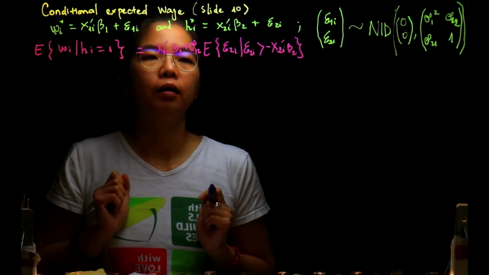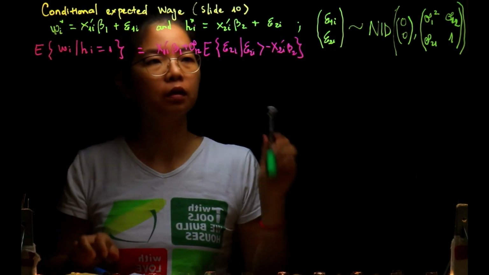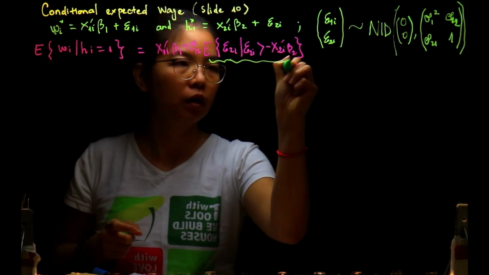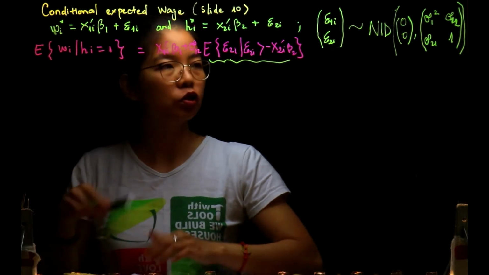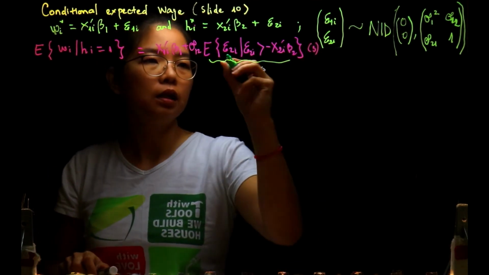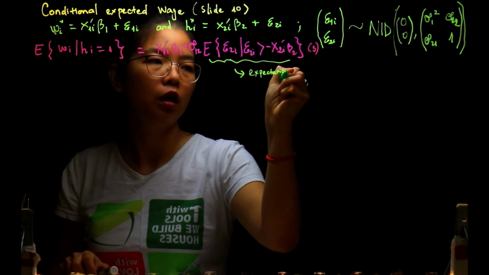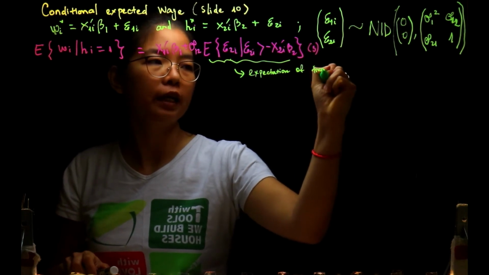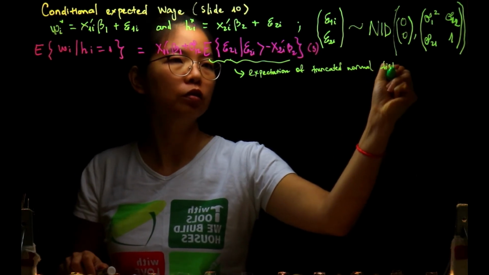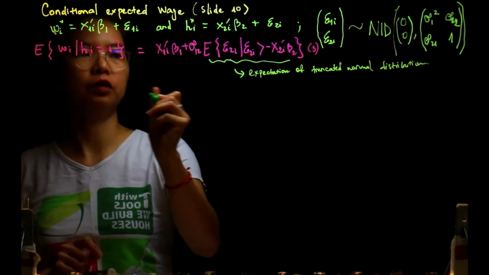Okay, last step. If you remember, last lecture, we've seen that already. What is that? Well, this should be third. This is the expectation of a truncated normal distribution, right? And we have a formula for it.